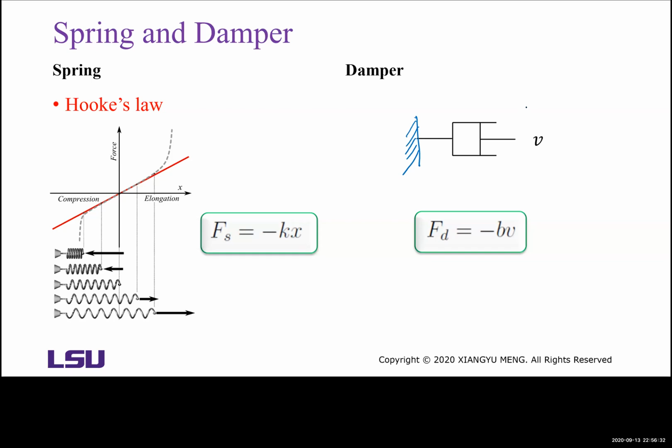The same applies when we push this end of the damper with a velocity v. Then the friction force from the damper will be in the direction to the right.